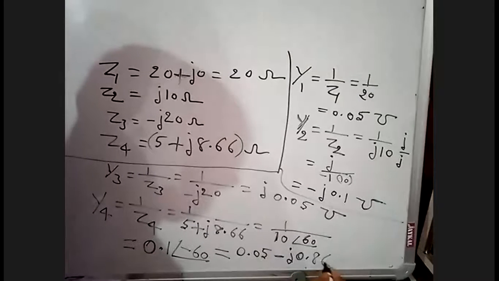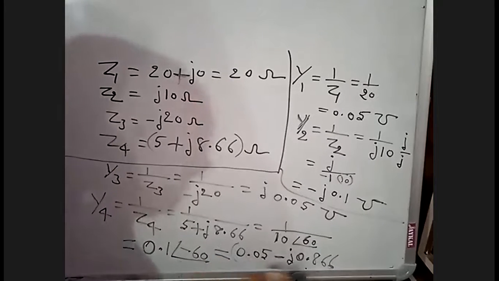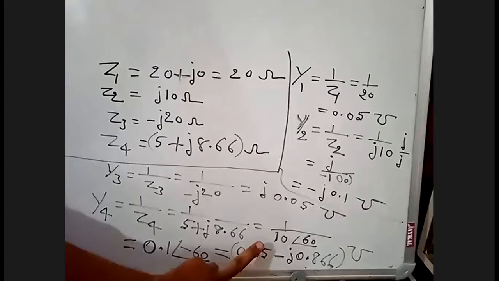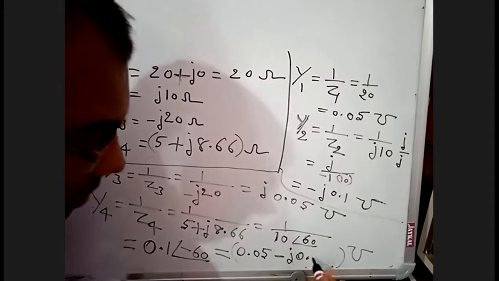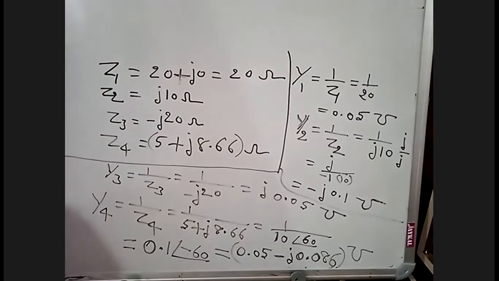X is equal to 0.05, y is equal to minus 0.086. So Y4 is 0.05 minus j0.086 Siemens.